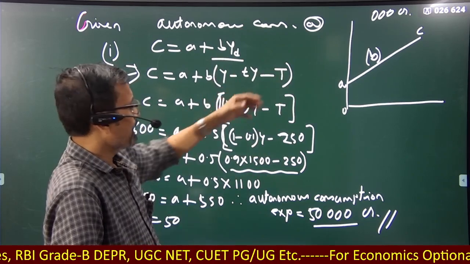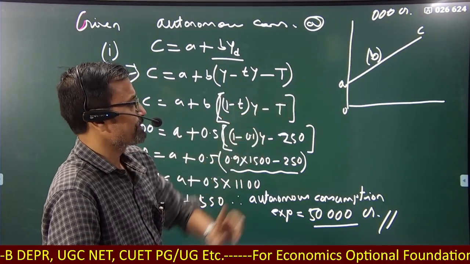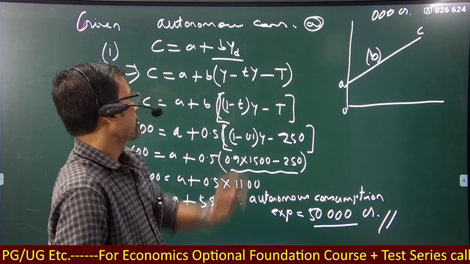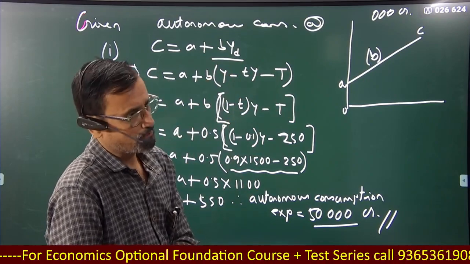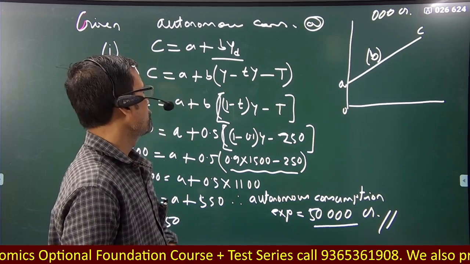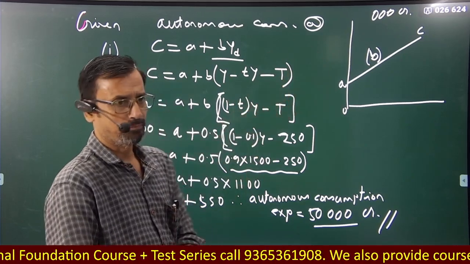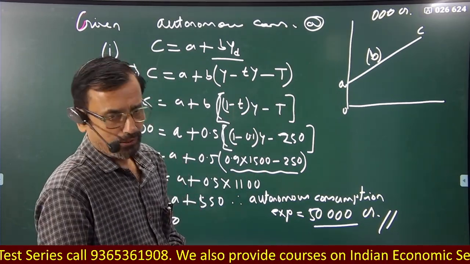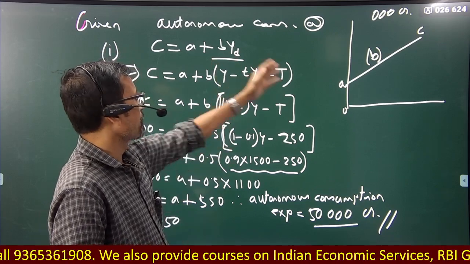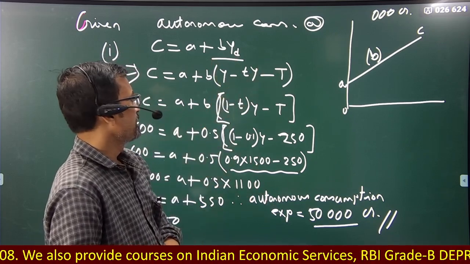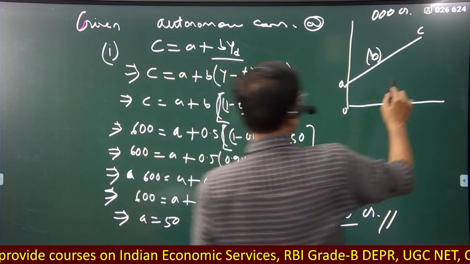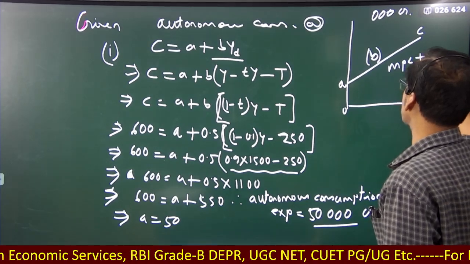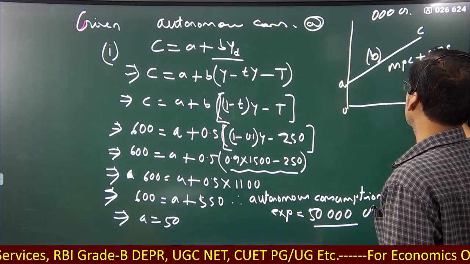But one thing you must remember here: consumption expenditure does not increase at the same rate as income increases, because a part of the increased income goes to saving also. That is why marginal propensity to consume plus marginal propensity to save equals 1.